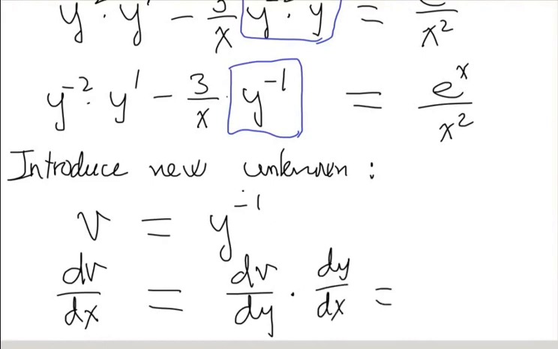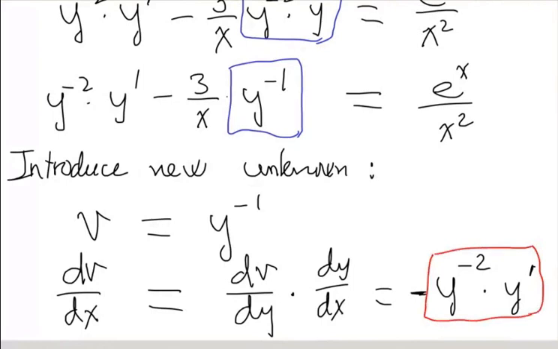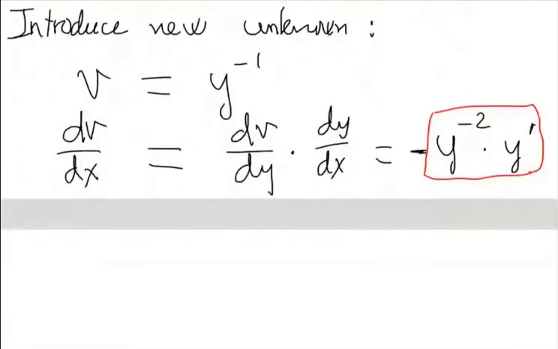And v is y to the -1, so dv dy is, using the power rule, minus y to the -2, and dy dx is y prime. So we have the factor of y to the -2 y prime, which appeared in the differential equation earlier, but there's a minus in front.